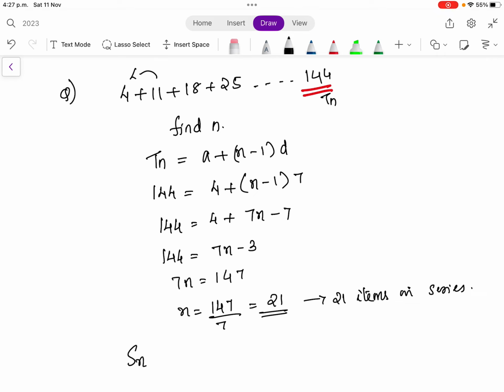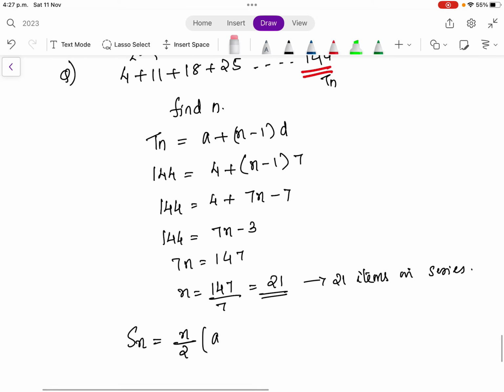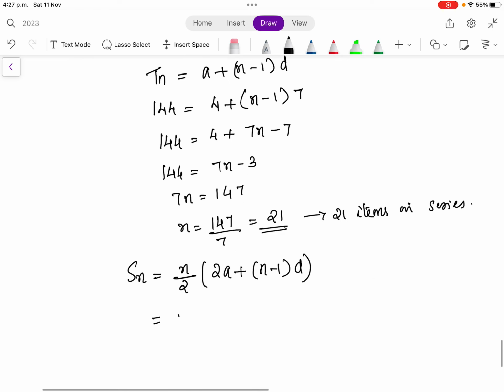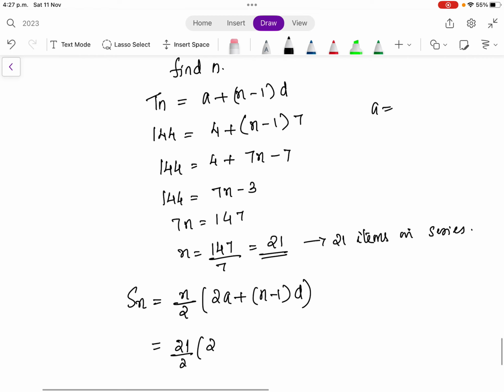Now we can find the sum of this series, using again the formula n over 2 into 2a plus n minus 1 into d. So that is equal to n is 21, over 2, and here a is equal to 4 and d is equal to 7. We already found that. So 2 times 4 plus 21 minus 1 times d, which is 7.